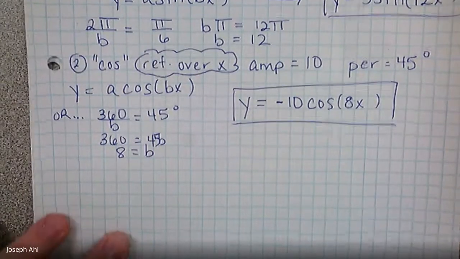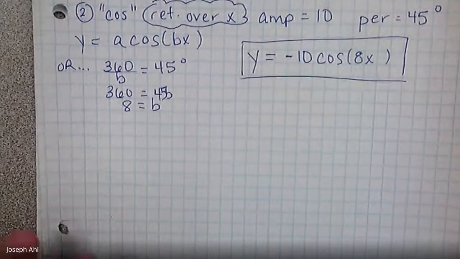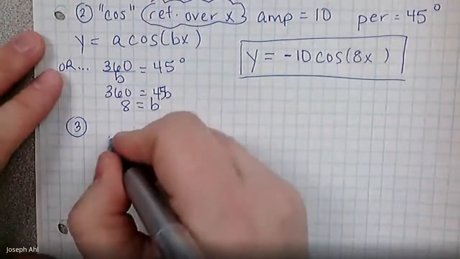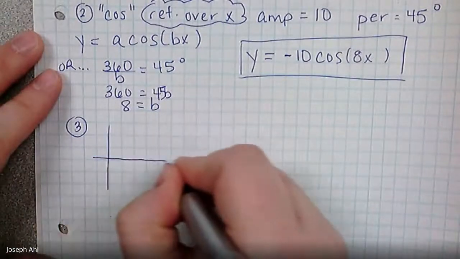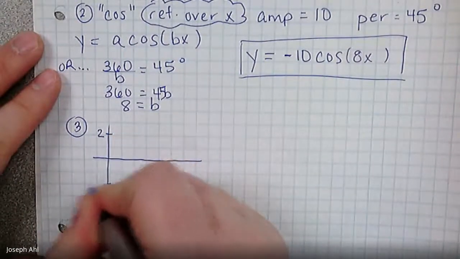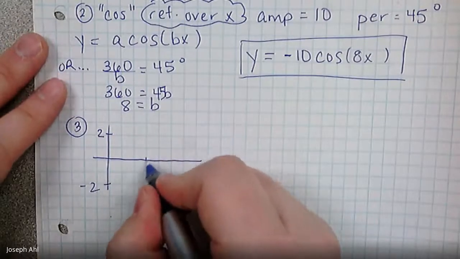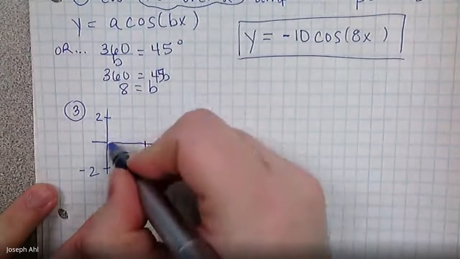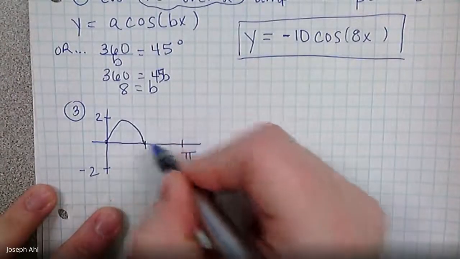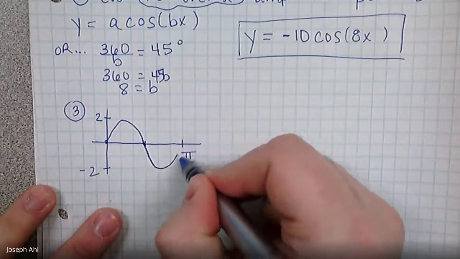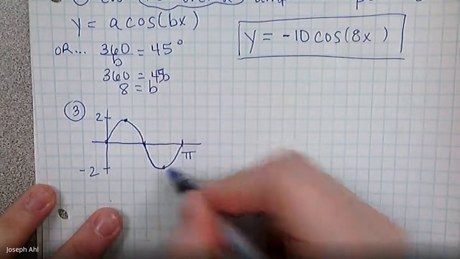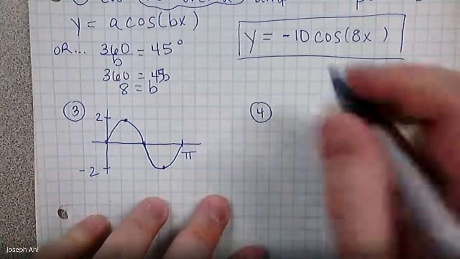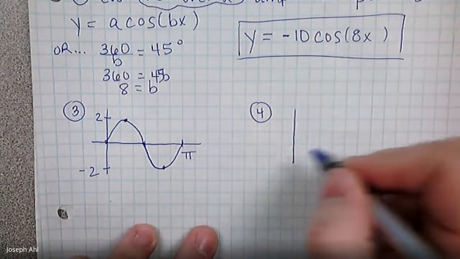Last thing that we'll do is, given some graphs, let's write the equation based on the graph there. Let's just do 2 of those. So I'll give you this graph right here. Okay. So if you want to repeat this graph, I'm going to graph this for you. And then we'll sketch one more.